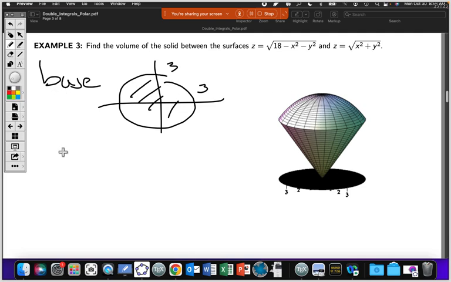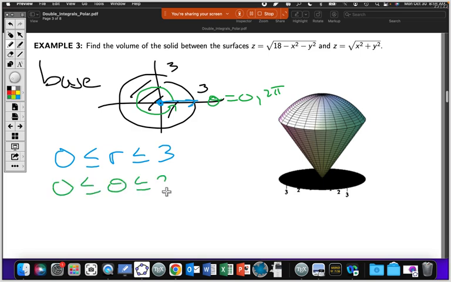Anyway, let's figure out what this looks like. Once again, we've got a circle centered at the origin with a radius of 3. So the r is going to start at the origin and go out to 3. And then the theta is going to be here to spin this around, so you get the entire circle.